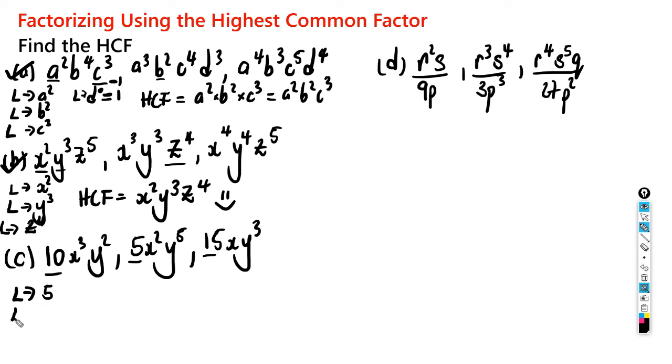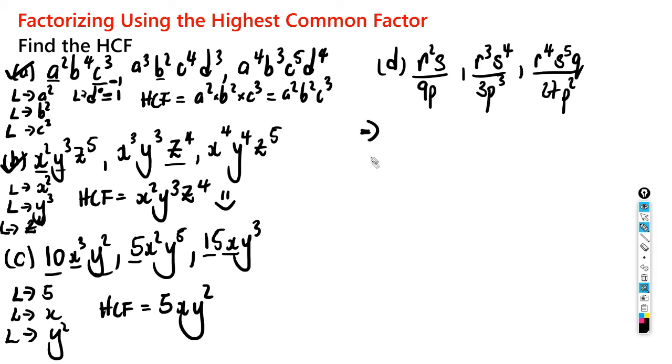Then the lowest for the x variable is x, which is this one here. And the lowest for the y is y squared. So the highest common factor here, guys, is equal to 5xy squared. Cool?